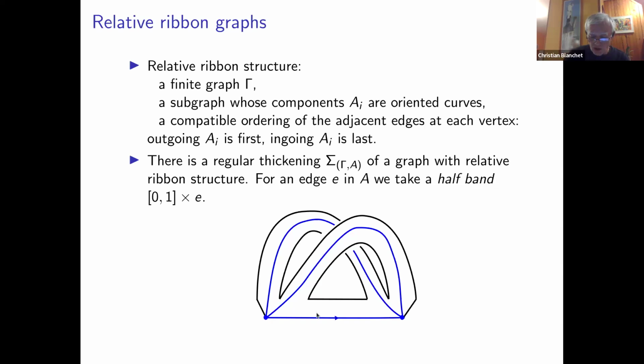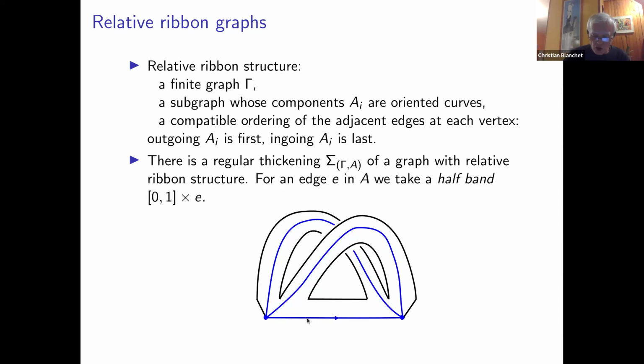We want the components of A_i to give you an oriented part of the boundary when you do a regular thickening. And for this regular thickening, for the specific edges in A, you take a half band rather than two bands, rather than the full band where the graph is in the middle.